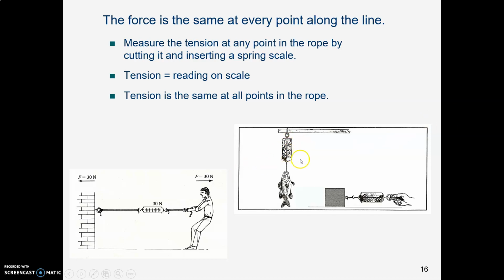And if you were to cut the rope and move the scale to a different point along the rope, it would still be registering the same amount of pull wherever you put it. Maybe this longer rope is easier. You would find the same amount of tension in that rope no matter where you put the scale, theoretically speaking.